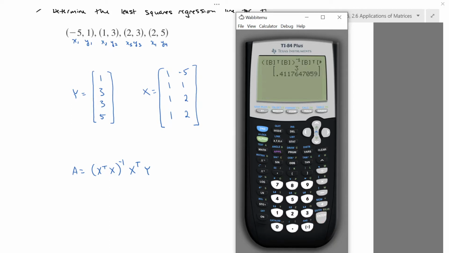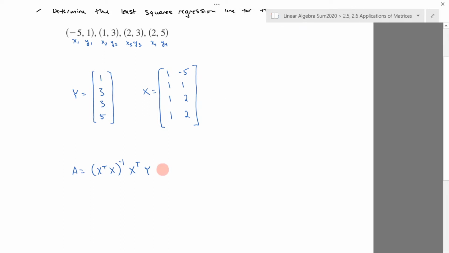Okay, so I get this. Let's change it to fraction form. So I get my matrix 3 and then 7 over 17. Okay, so this is my matrix A, right?